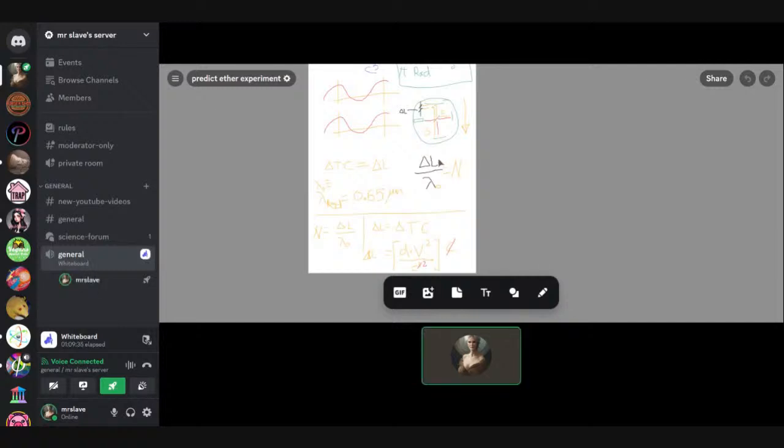Delta L, the difference in length over some lambda that we're using, is equal to the number, okay. N is the number of wavelengths we expect. Anyway, so delta L is this thing, the difference in length that we expect.